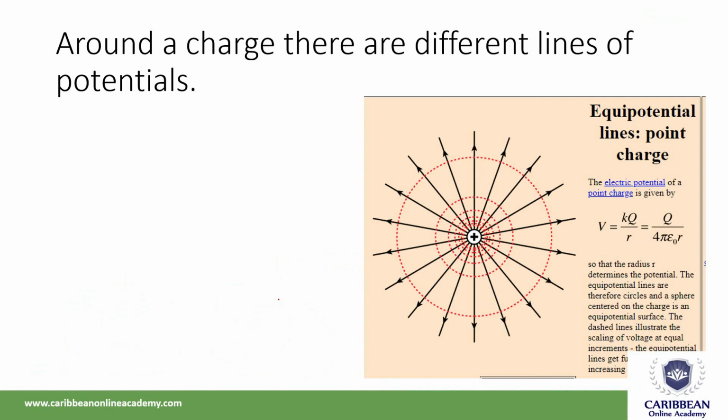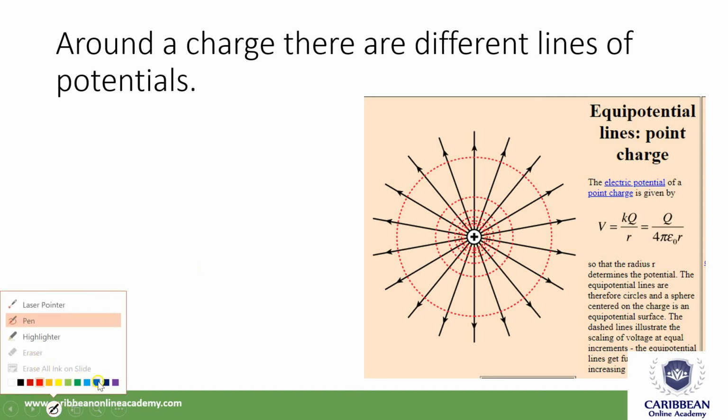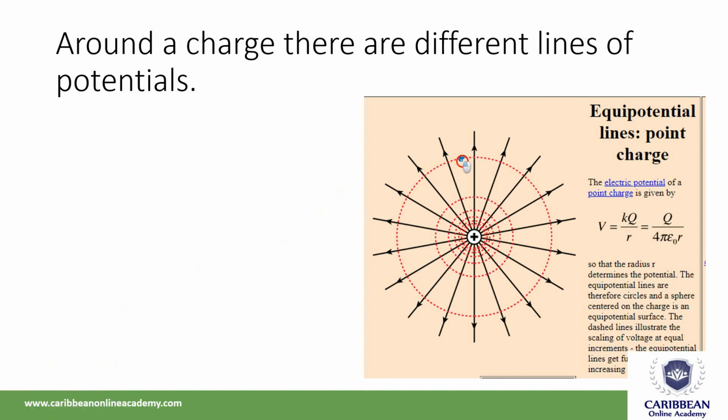All right. So that's just how a general chart looks, right? Around the charge, there will be potential lines, equipotential lines. And we said that if you have two particles on the same equipotential line, then the potential difference is going to equal 0.